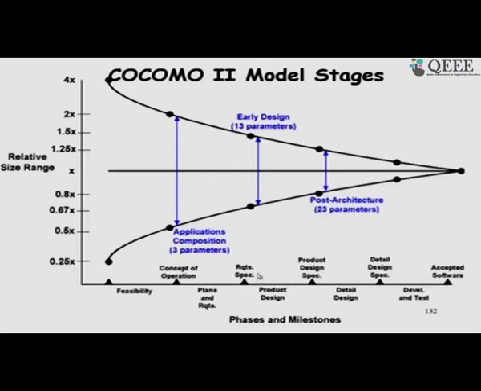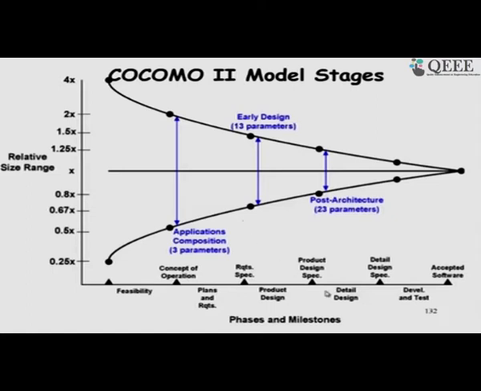But after the requirement specification, we use the early design model, COCOMO 2 model, and here we use 13 parameters. We use the function point to do the initial estimation, and then we use the adjustment factors to obtain the size, effort and cost, development time.